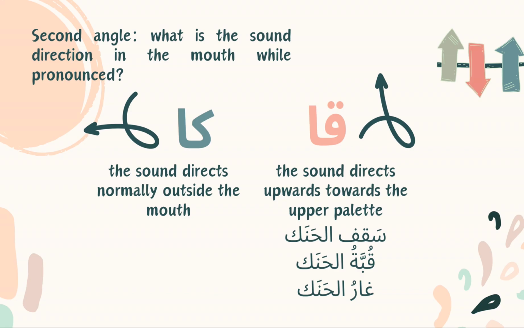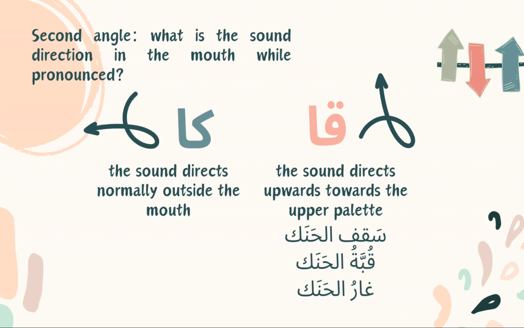And the upper palate in Arabic is called saqful hanak, or qubbatul hanak, or gharul hanak. And the 3 names are all for the same thing, the upper palate. And there are other letters where the sound directs normally outside the mouth.